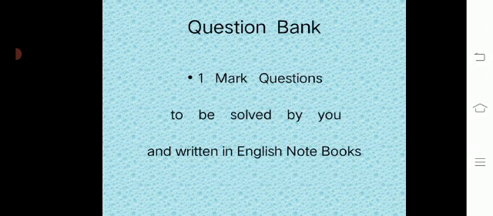Here in objective, that is 1 mark questions, you will not have the concept of getting half a mark. Either you get 1 mark or you lose that whole 1 mark. So you have to be very, very specific in answering 1 mark questions.